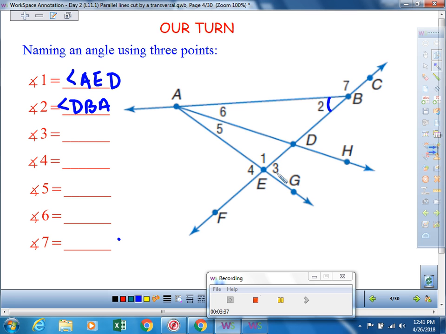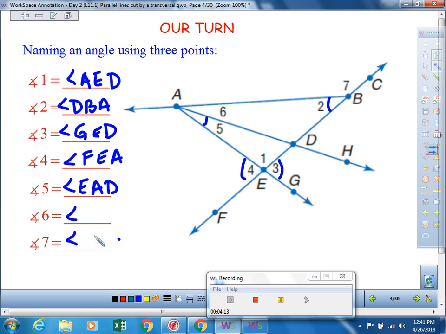And then 3 is right here. And so G, E, D. So angle GED or DEG. 4 is right here, the F, E, A. So angle FEA or AEF. 5 right here, E, A, D. EAD or DAE.